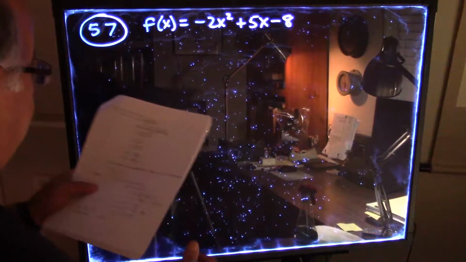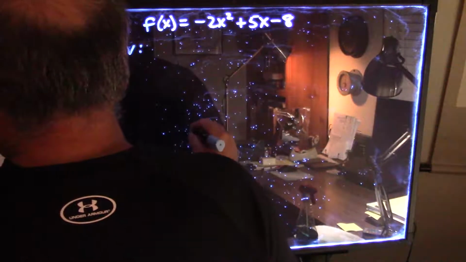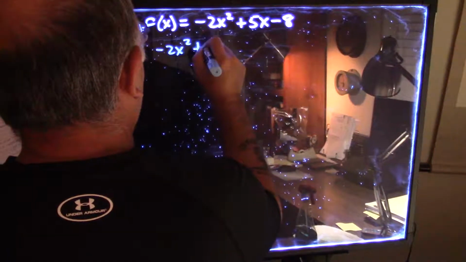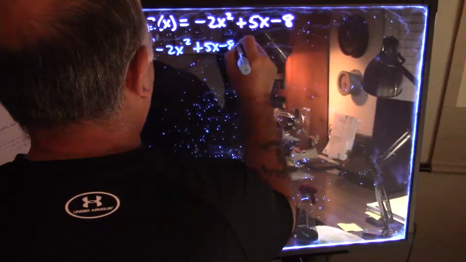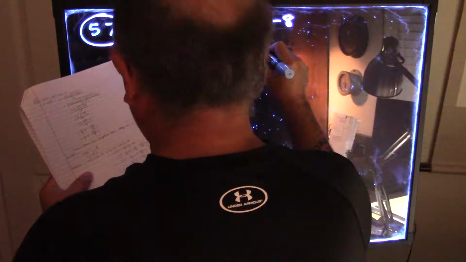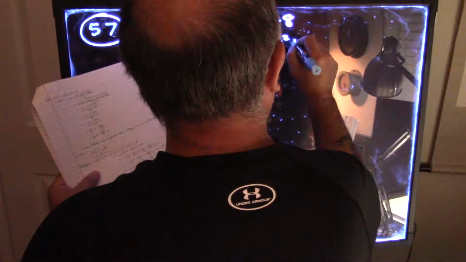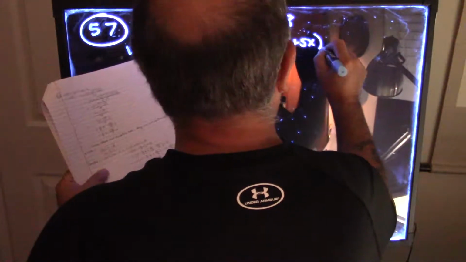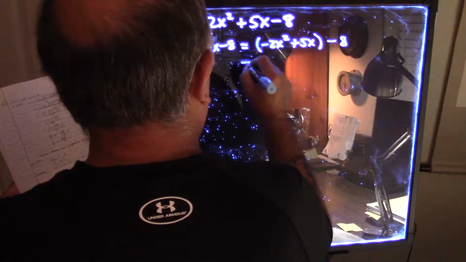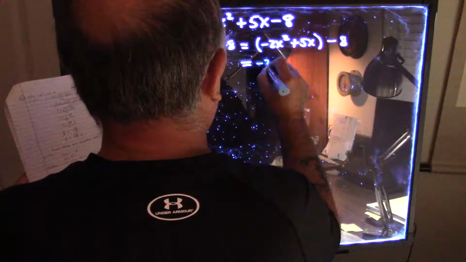Okay, here we go. So the vertex v: we're going to complete the square on negative 2x squared plus 5x minus 8. We group the x squared and x terms, negative 2x squared plus 5x, using associativity. Now we factor out the leading coefficient, negative 2.